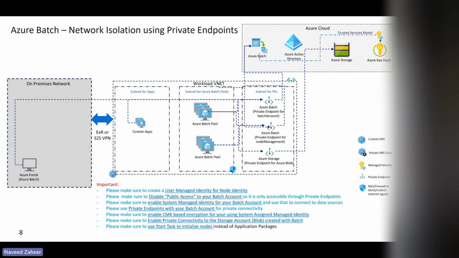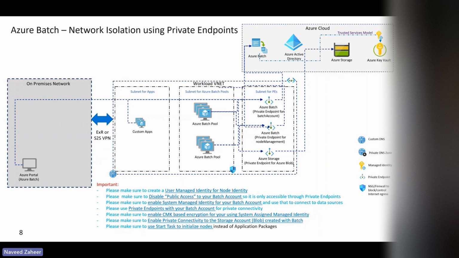Okay, so that's that. And then to get the resource files from the storage account, I have created a private endpoint to the blob store, dropped it in the same subnet, and the nodes are communicating through the managed identity to get any resource file. Just want to give you a heads up.